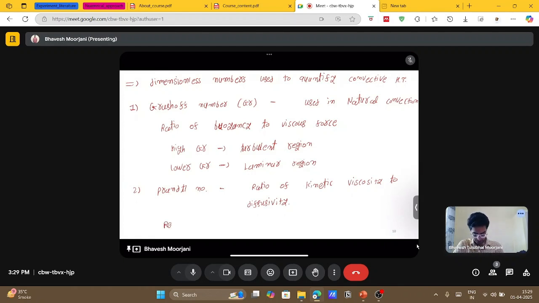So it compares the thermal and velocity boundary layers.